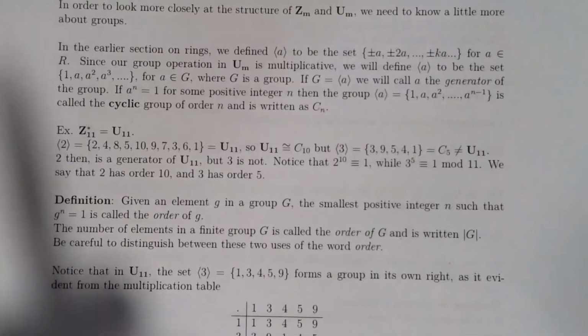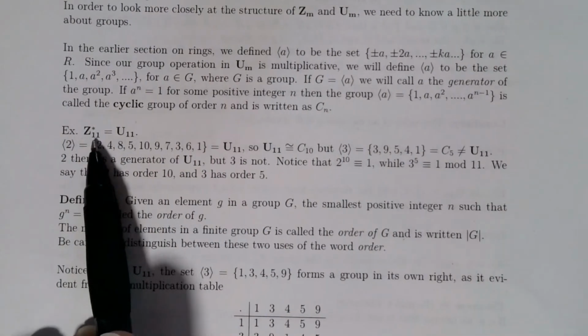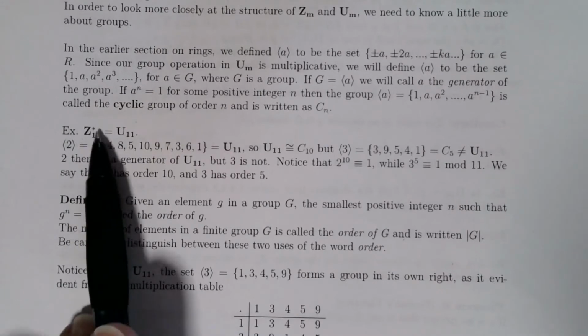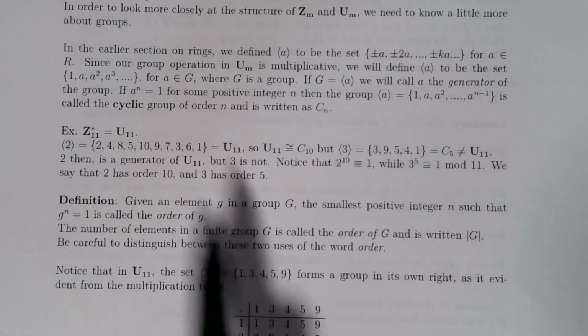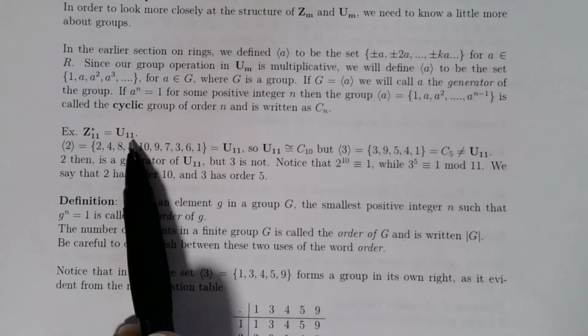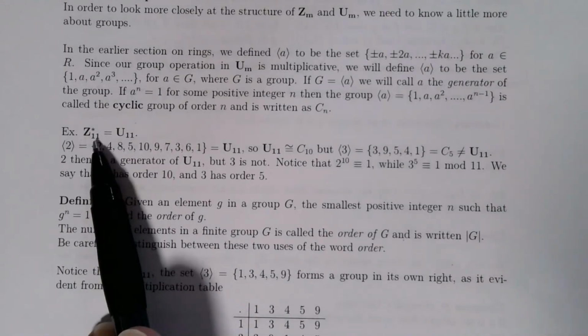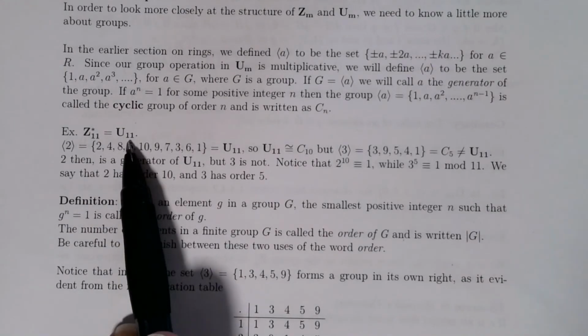So as a little example, take Z star 11. Now 11 is a prime, so Z star 11 means all the numbers from 1 up to 10. We're leaving out 0, of course, and every element in that set has an inverse because 11 is prime. So that's the group of units here.